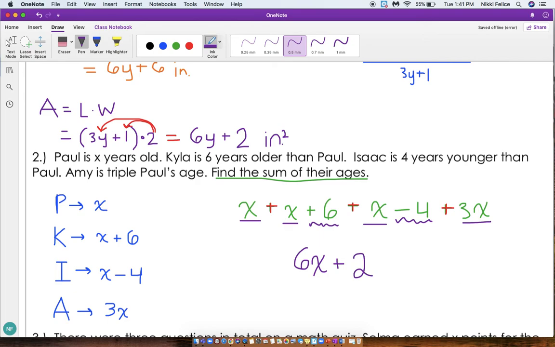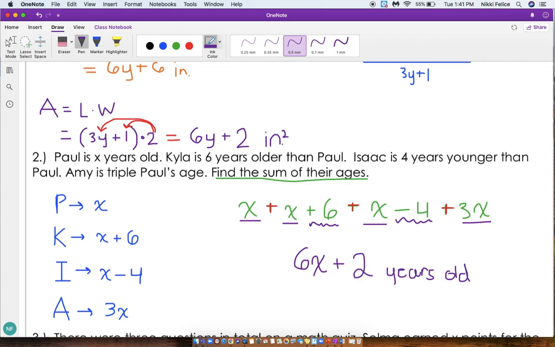Can I simplify this expression any further? No. So this is the sum of their ages, 6X plus 2 years old. That would be, if I added all of their ages, they would be 6X plus 2 years old.